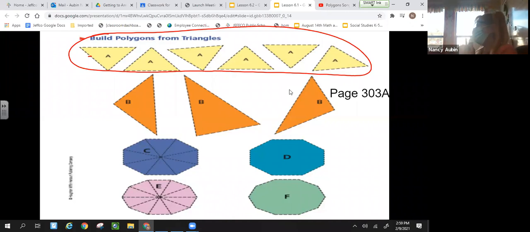There's only one answer here, I think, but maybe you guys will prove me wrong. It has to be a flat, closed figure, all straight lines, because it's a polygon. I want you to use all the triangles, and they should not overlap. Do not overlap them. Okay, that's your challenge.